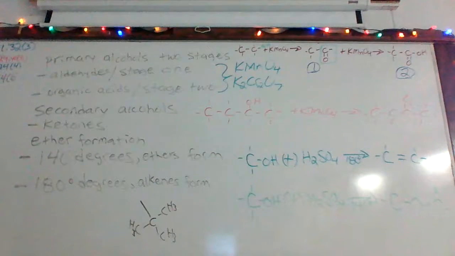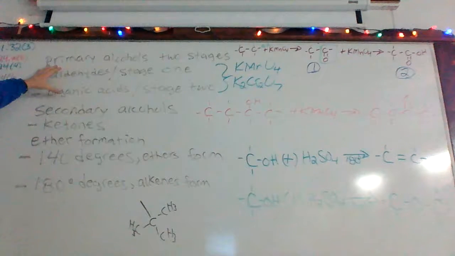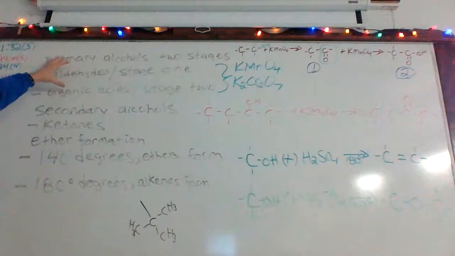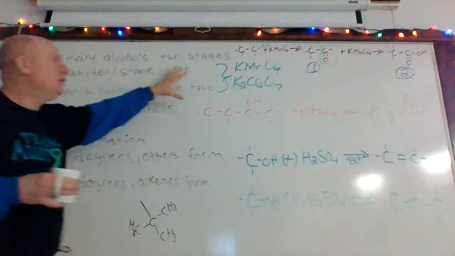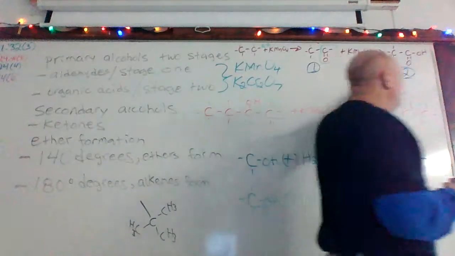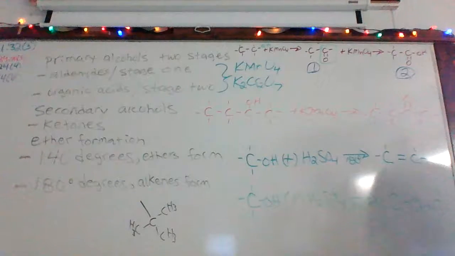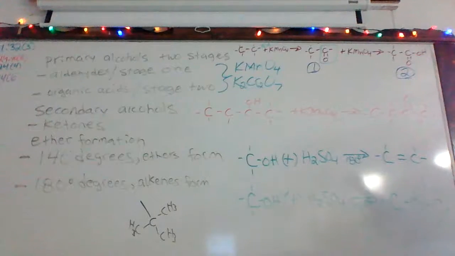So just recognize that primary alcohols added with an oxidizing agent are going to go through 2 stages: 1, to an aldehyde, and 2, to an acid. Secondary alcohols, when they are oxidized, is something altogether different.